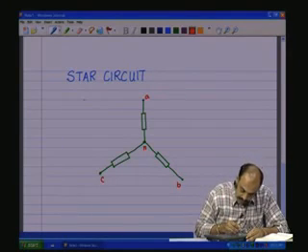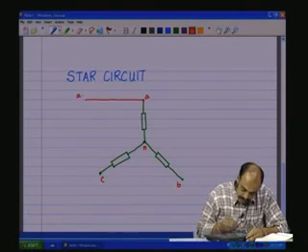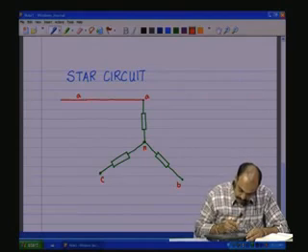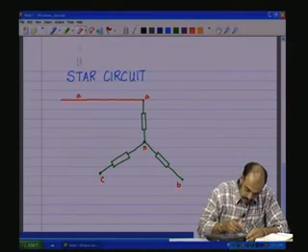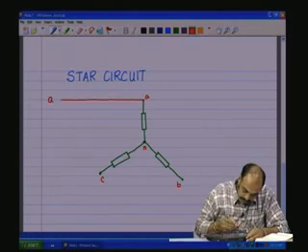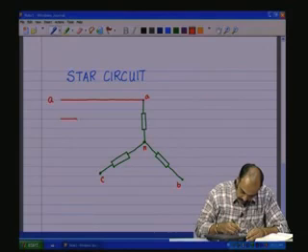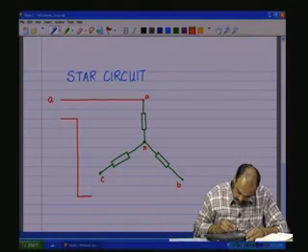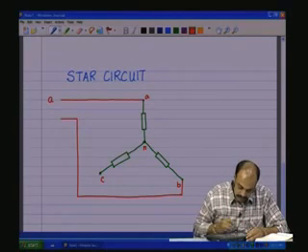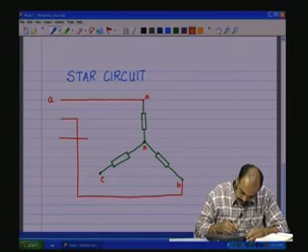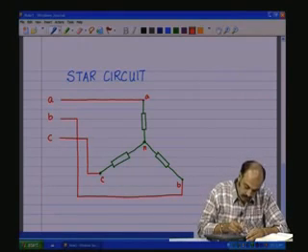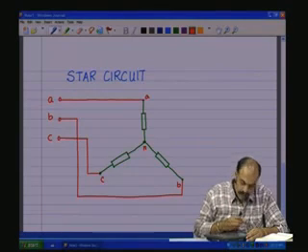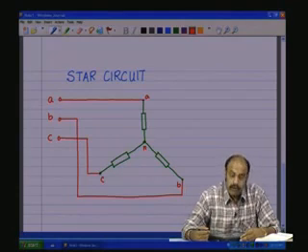And to these terminals you are applying the voltages A, B, and C. A gets connected to A, B gets connected to B, and C gets connected to C. So, A, B, C are the 3 terminals of the 3-phase load which are brought out.